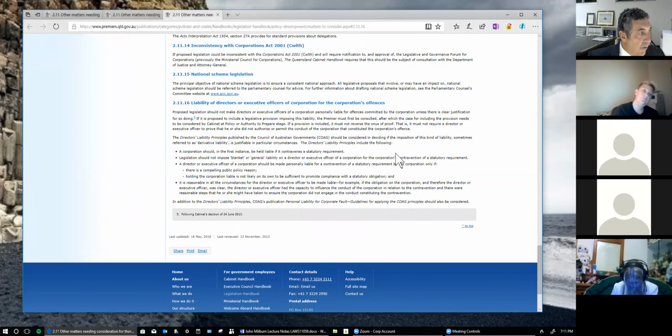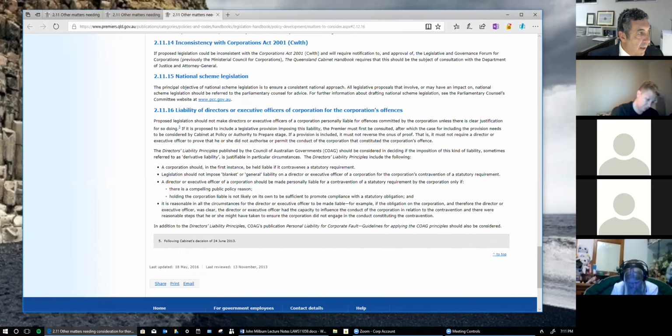Okay, so you'll see there, if it is intended that there is personal liability on the directors of a company, then it must be very clear there is justification for doing so. And there's a process. The Premier must be consulted, Cabinet's involved, and if the provision is included, it must not reverse the onus of proof.